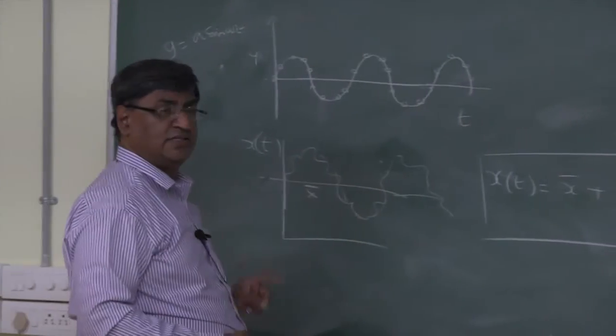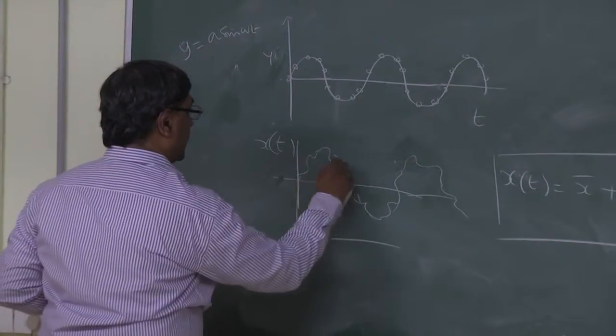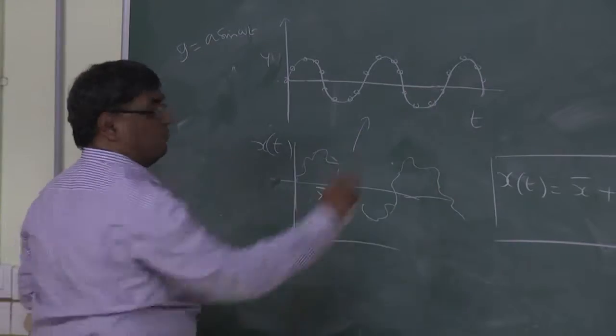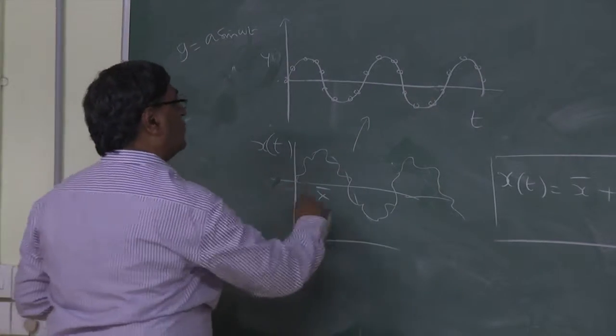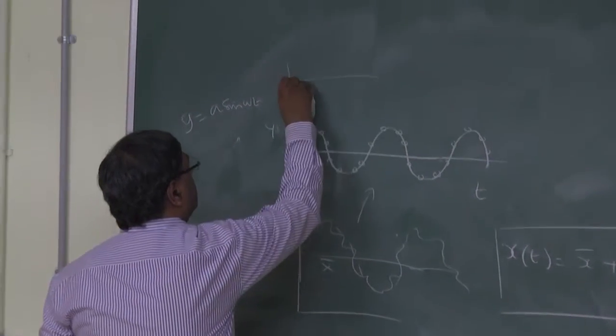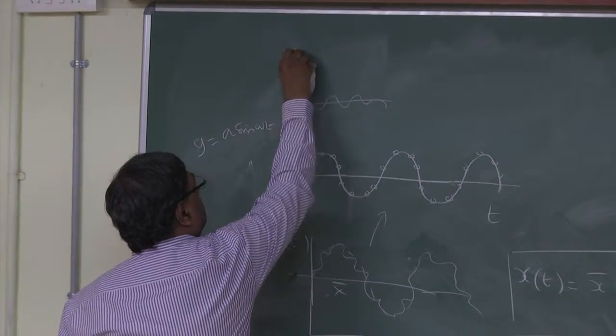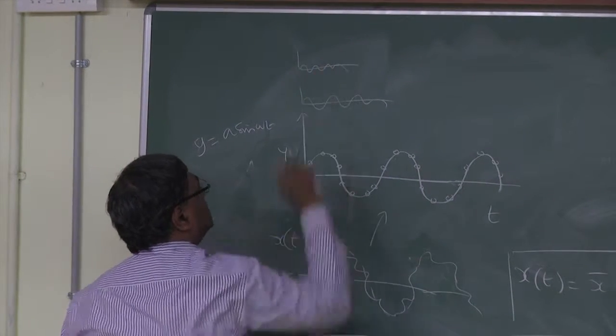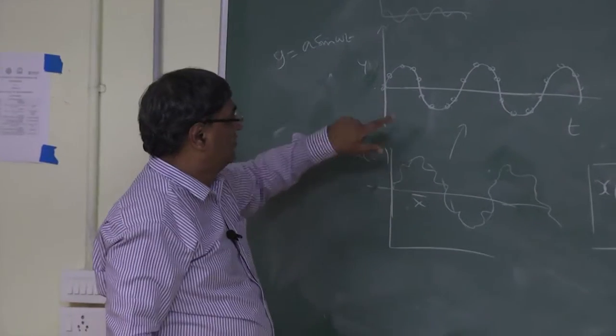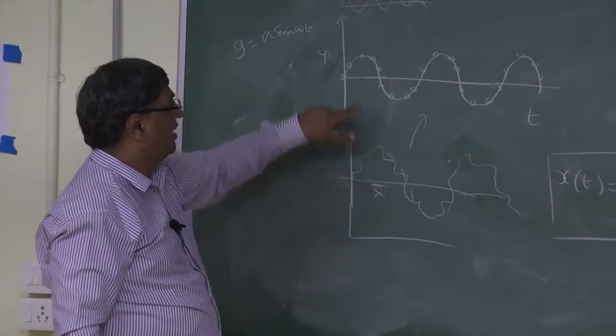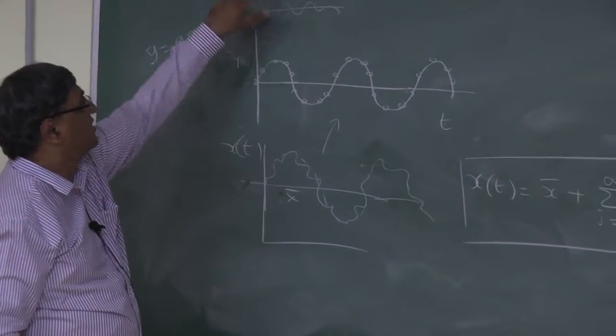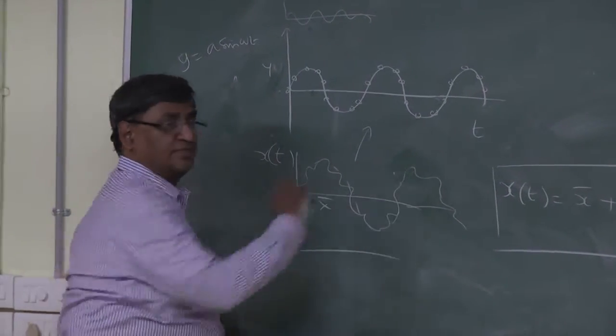For example, if I split this, I can probably take out one major main component, and over that there can be other smaller ones and still smaller ones, and so on. So the superposition of the average plus this oscillation plus this oscillation plus this oscillation, etc., gives the total signal.